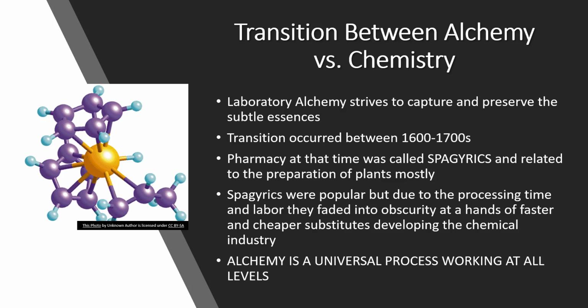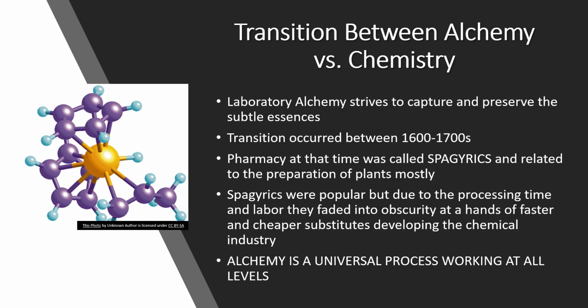This branch of pharmacy came to be known as spagyrics and related mostly to the preparation of plants. Spagyric preparations became widely popular, but due to the processing time and labor, they faded into obscurity at the hands of faster and cheaper substitutes, developing today's chemical industry.